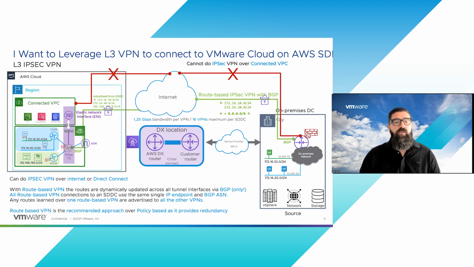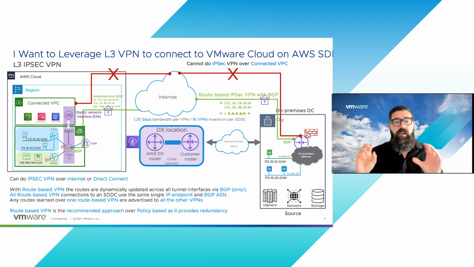With route-based VPN, the routes are dynamically updated across all tunnel interfaces by BGP only, so we cannot add routes manually. All route-based VPN connections to an SDDC use the same single IP endpoint and BGP ASN.